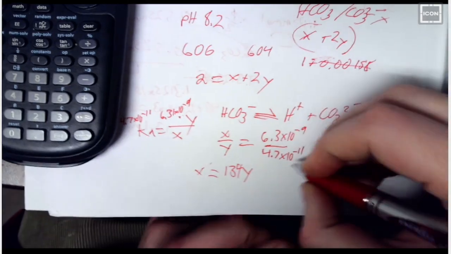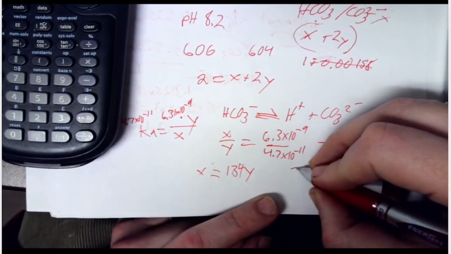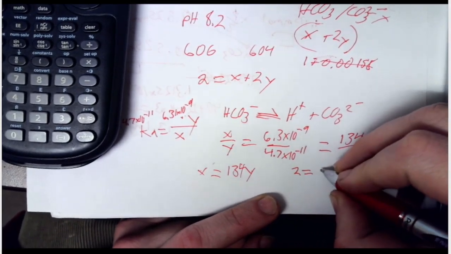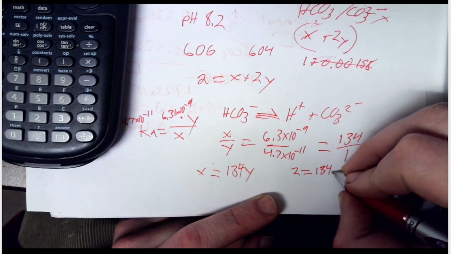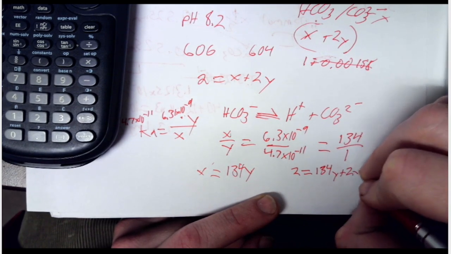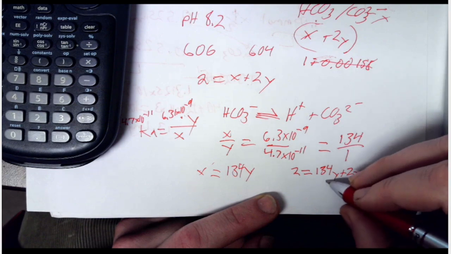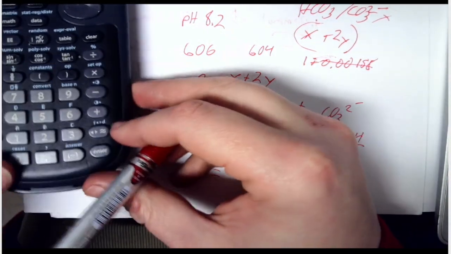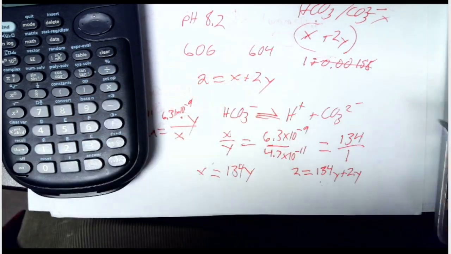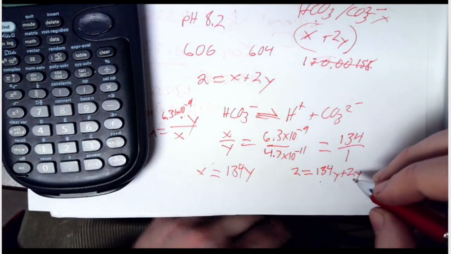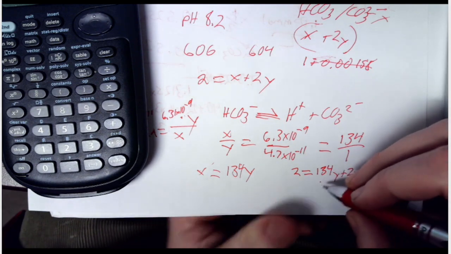So we can say that 2 equals 134y plus 2y. So 2 divided by 136 is going to give us the concentration of carbonate in millimoles.